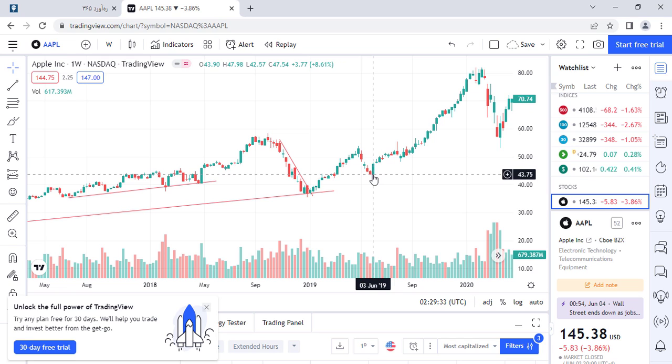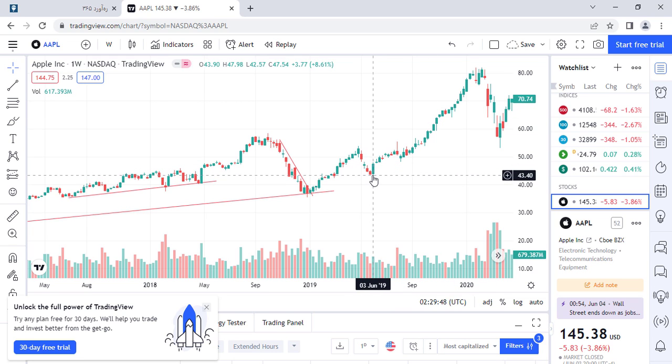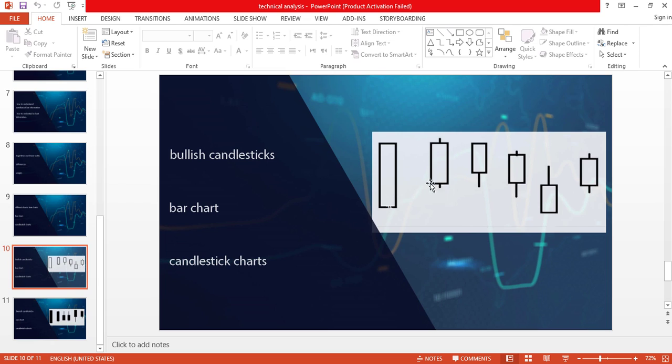Another one like that is here, and we can see it has a big movement from here to here, and this is also a powerful candle.